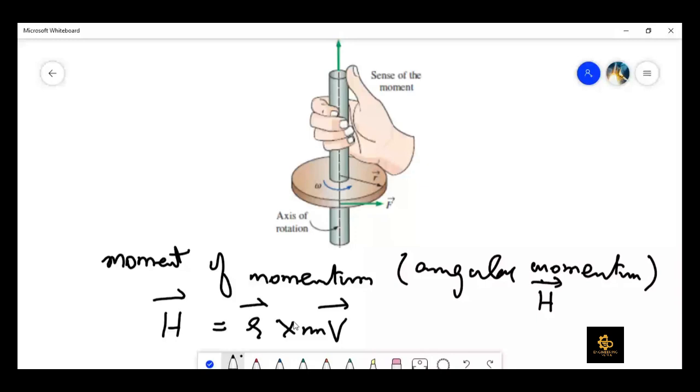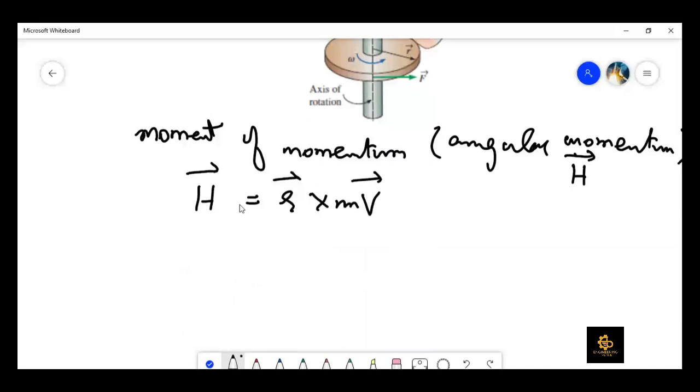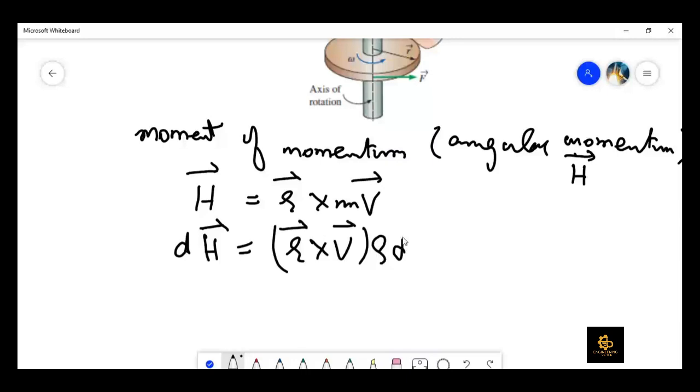If we talk about differential mass now, dH would be equal to r cross V into rho into dV. dV is the volume of the differential control volume. This V is volume here, and this V, which is the vector, is the velocity vector here. So please don't confuse it with this.